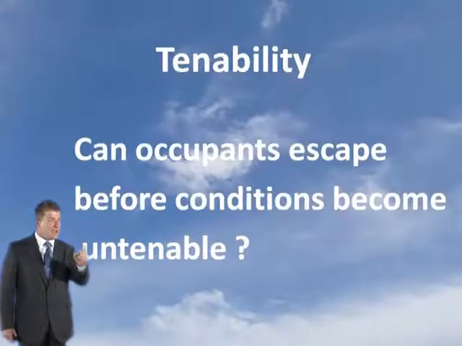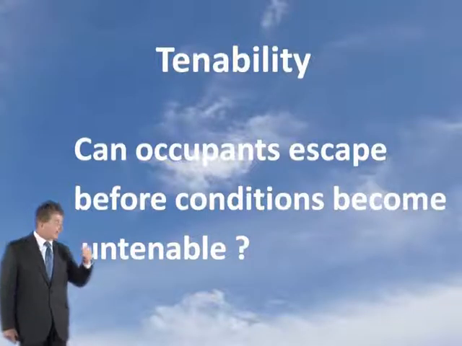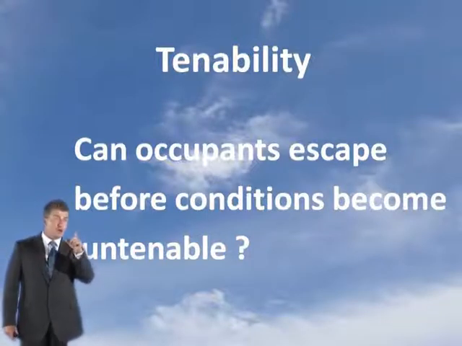So it's enhanced protection. Now, what is the fundamental principle of BS 9999? Well, it is a time and risk-based analysis. It's a simplified timeline analysis. Can the occupants escape before conditions become untenable? This statement here sums up the whole code.